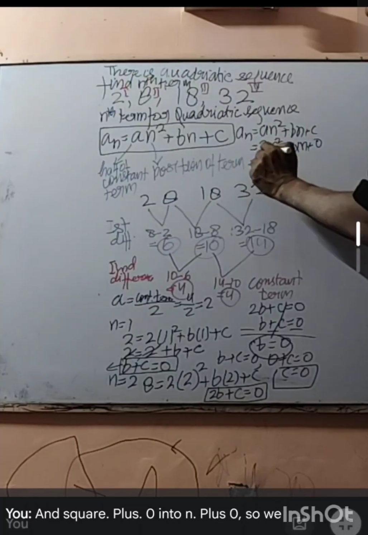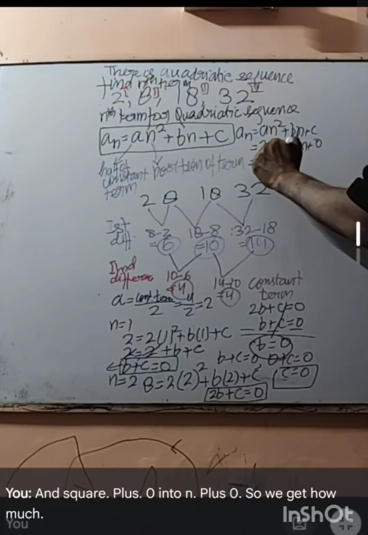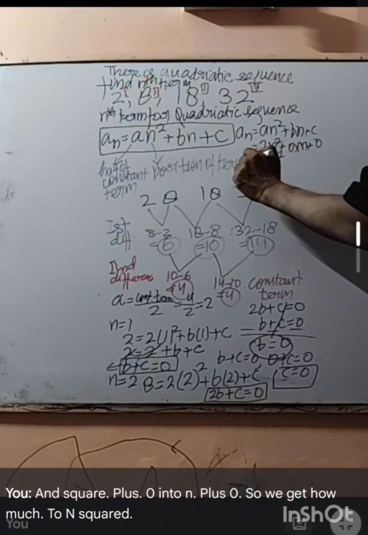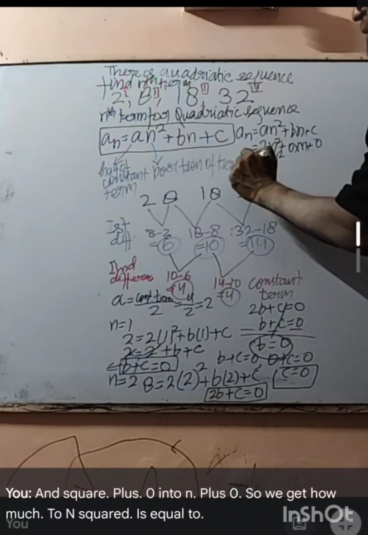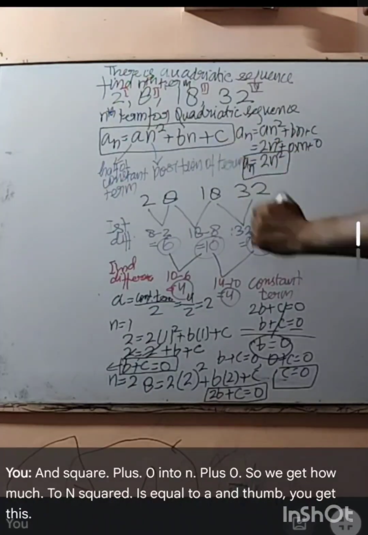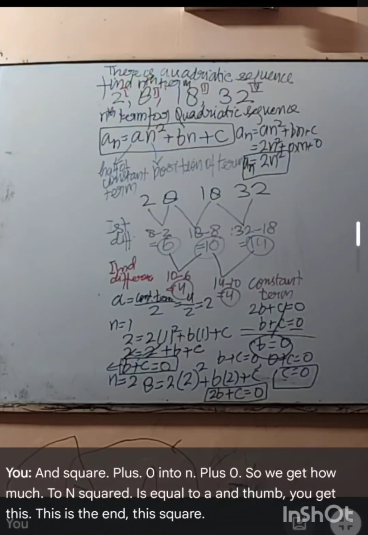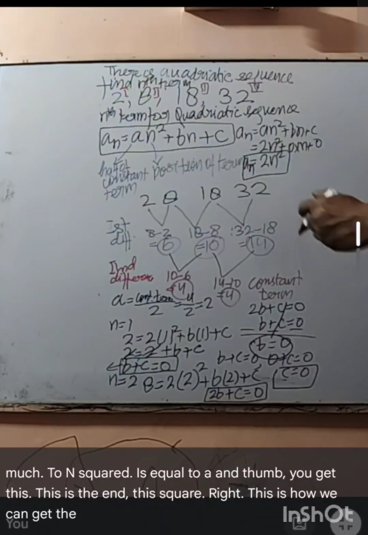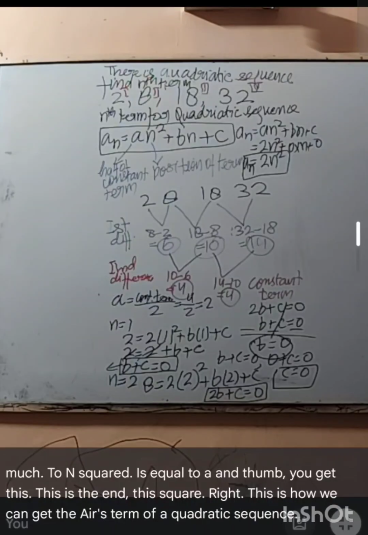So we get 2n square is equal to the nth term. This is how we can get the nth term of a quadratic sequence.